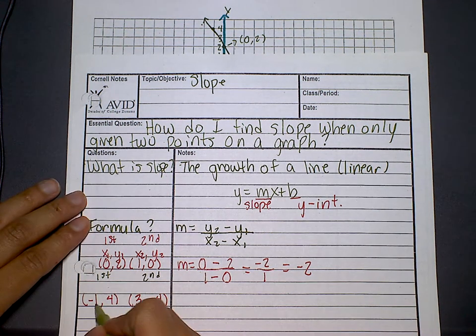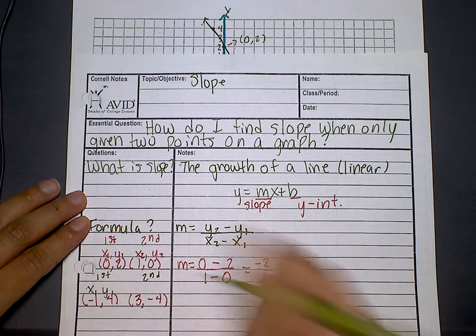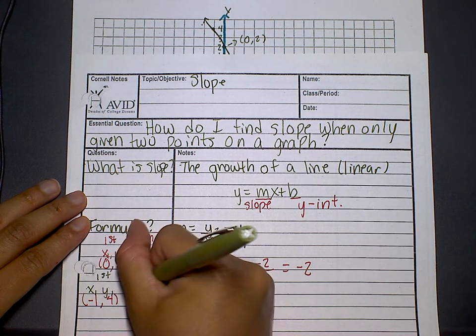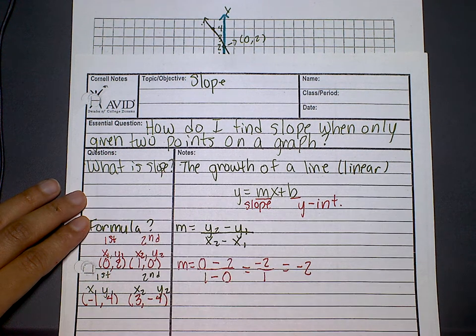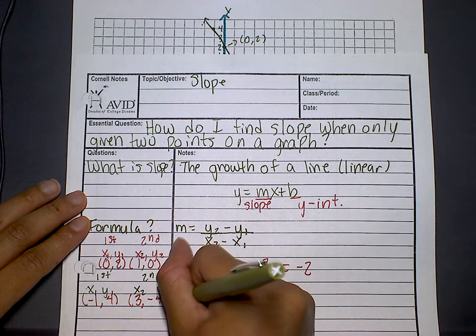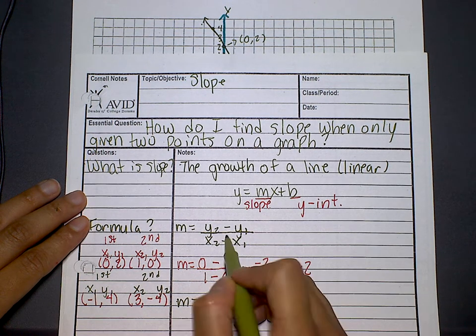So for our first point, we have our x1, y1. For our second point, we have our x2, y2. So then now let's find our slope. We're going to take our y2 minus our y1, just like we did in the formula.